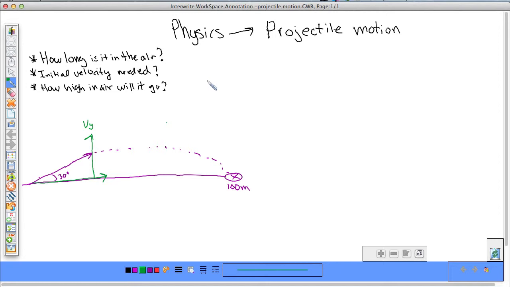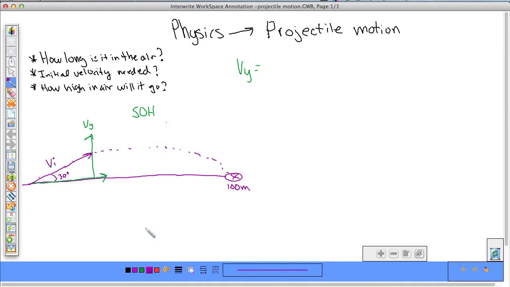So my velocity in the y direction, what is that going to equal? If we use our trig functions, let's use SOHCAHTOA, the SO portion. The sine of this angle is going to equal my velocity in the y direction divided by my initial velocity, and that's what we call this one. We could say that this is just our velocity initial.